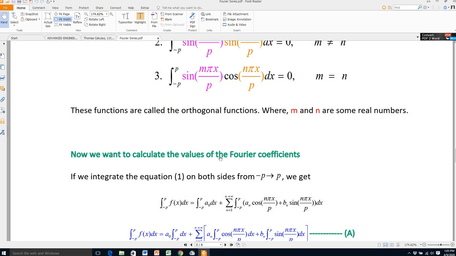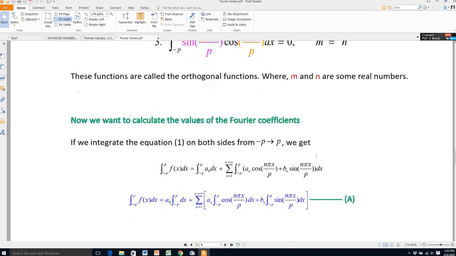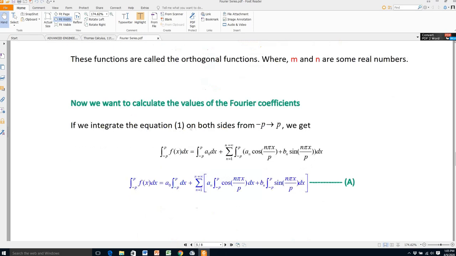Now we want to calculate the values of the Fourier series coefficients. Let's see here. If we integrate equation number 1 on both sides from minus p to p, we get the following. Here you see I take equation number 1 and integrate it from minus p to p on both sides.